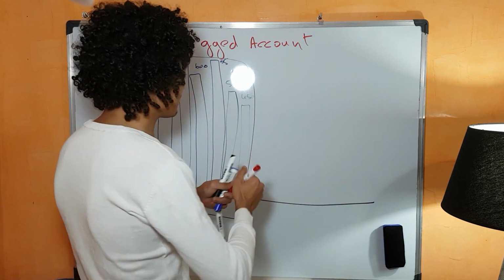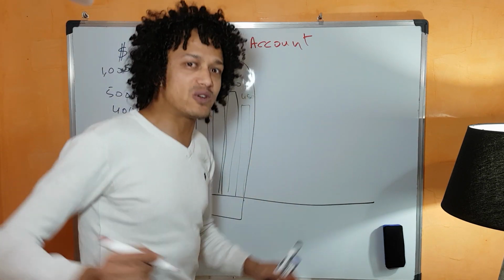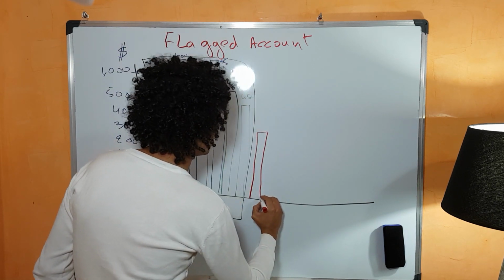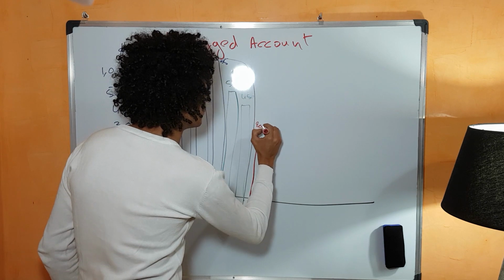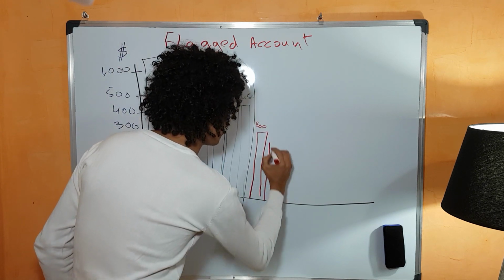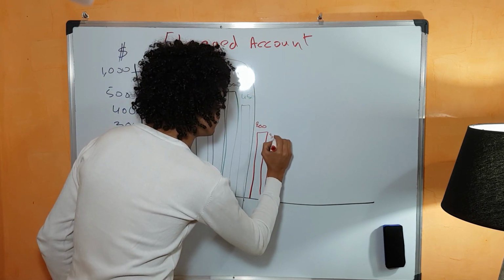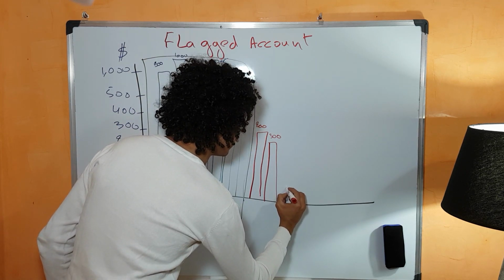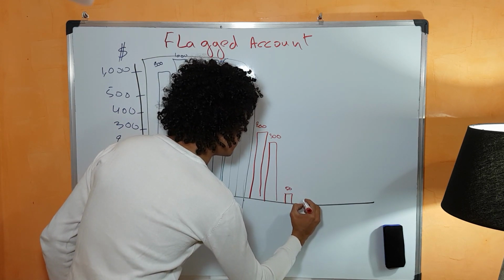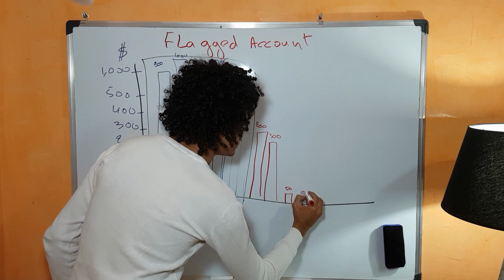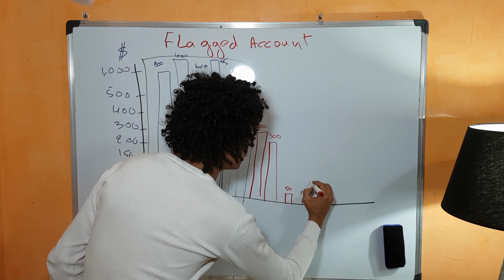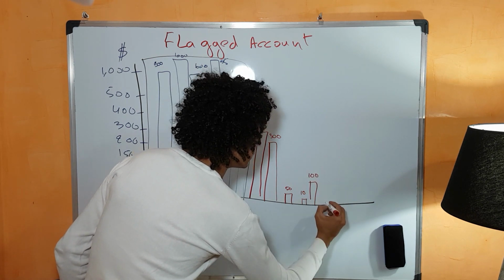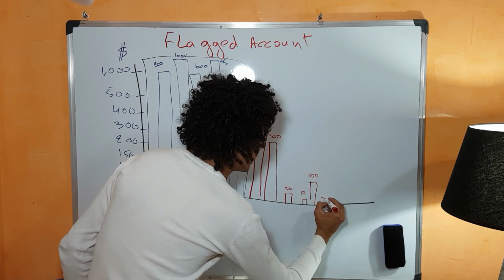So when you find yourself in red, for instance, the next day all of a sudden your sales go boom, 200, bam, 300, bam, $50, bam, $10, $100, bam, $5.